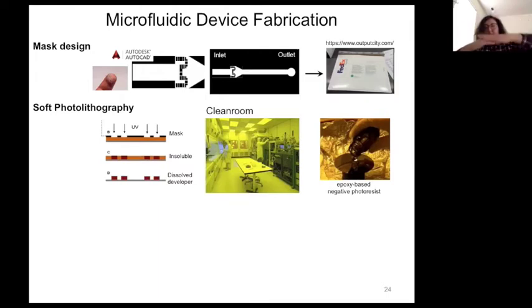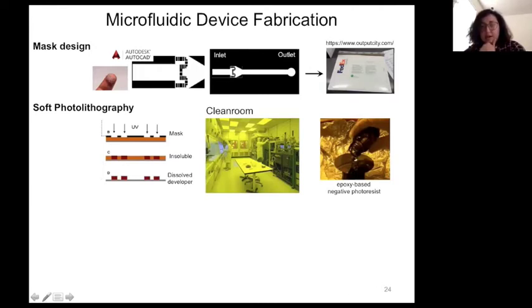Then you put the mask on top of it, and then you shine UV. Whatever is exposed, which is the transparent part, is going to be insoluble. Then you can wash away the other parts that were not exposed to UV, and you get your channels. You can imagine this as seeing it in a cross section.